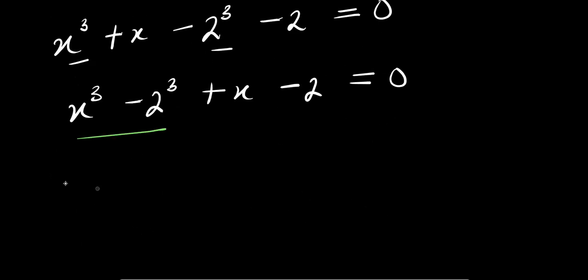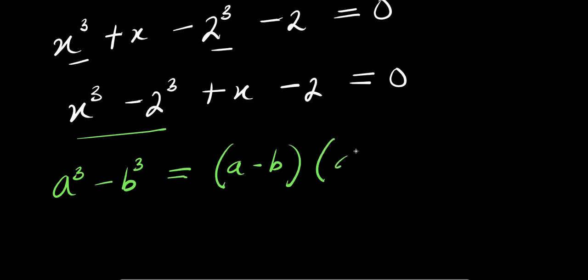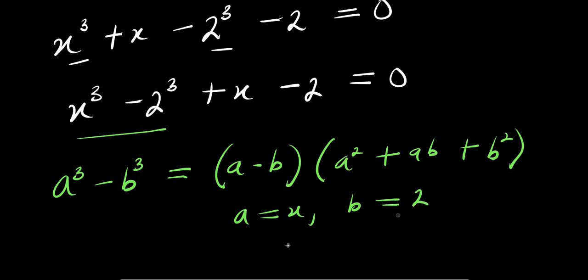Let's expand this. If you have a power 3 minus b power 3, this equals a minus b times a squared plus a times b plus b squared. And a is x, while b is 2.